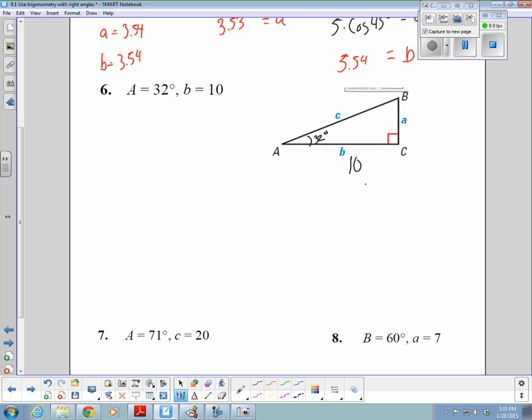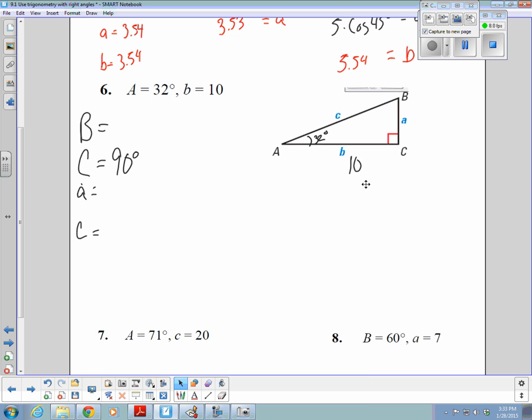So I need angle B, angle C. I already have angle A. So angle C is easy. It's 90 degrees. I need to find little a, little c. These are the things I'm trying to find. Okay? So if I'm looking for big angle B, that's going to be a piece of cake because it's 32 plus 90, and then minus 180.